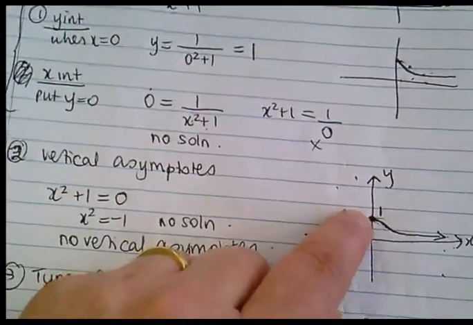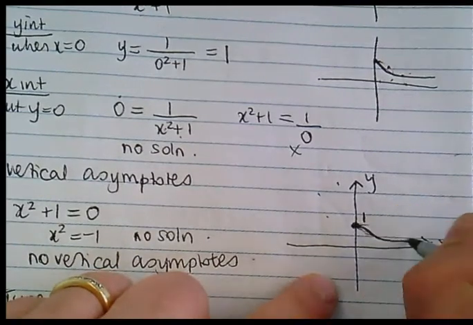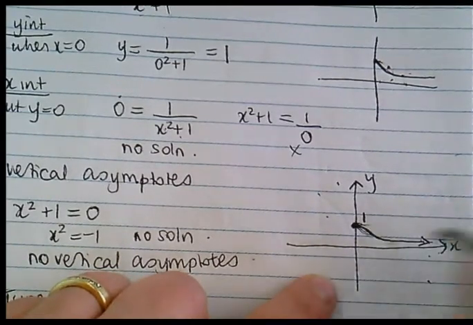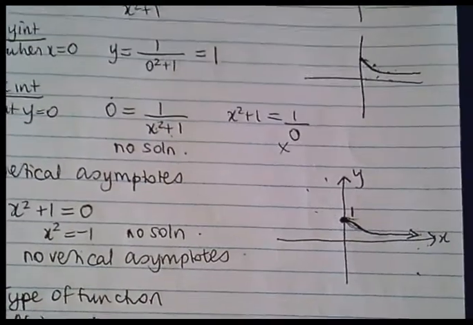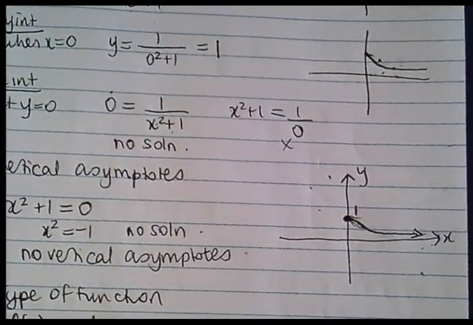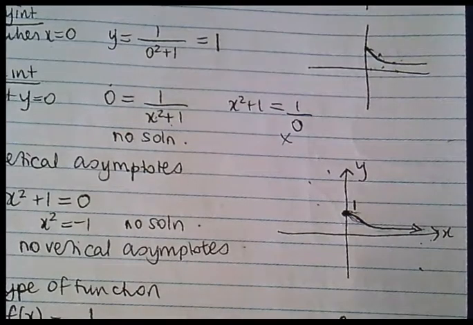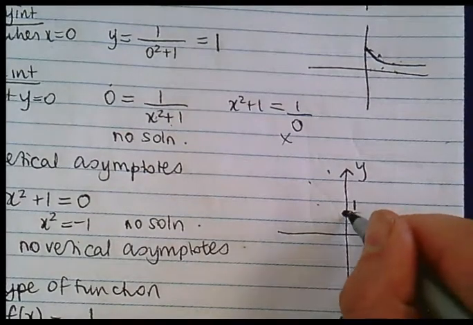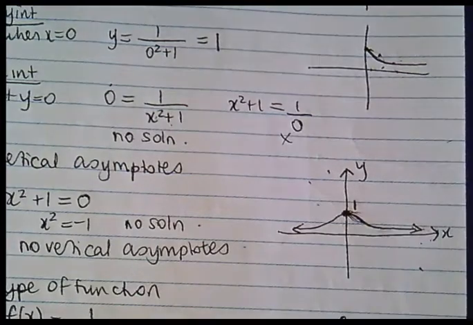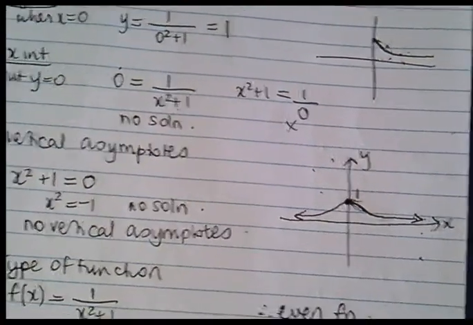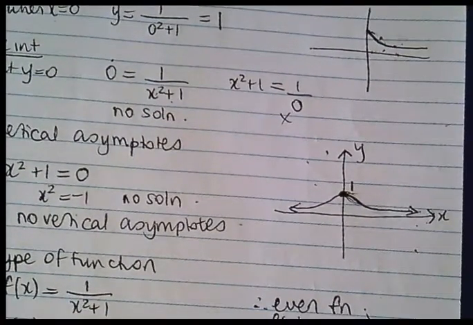I don't mind if you draw it sharp or a bit rounded. It's just that you haven't learned how to differentiate and know the shape of the curve yet. So we're just going to do it a bit rounded at the moment. The other side's the same because it's even. The only way you could get that shape at the moment is by doing a few substitutions near x is 0.